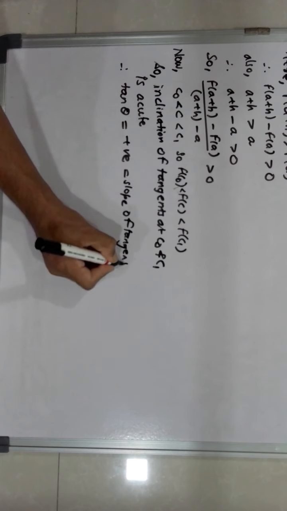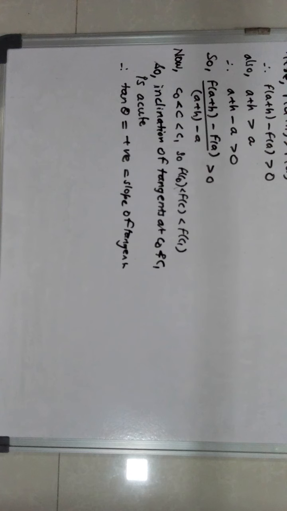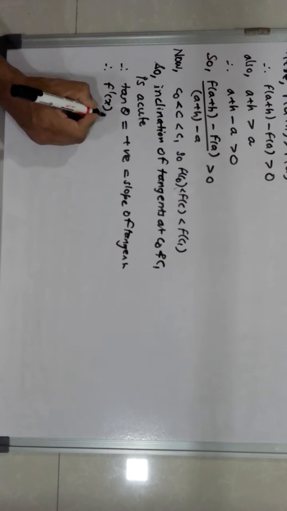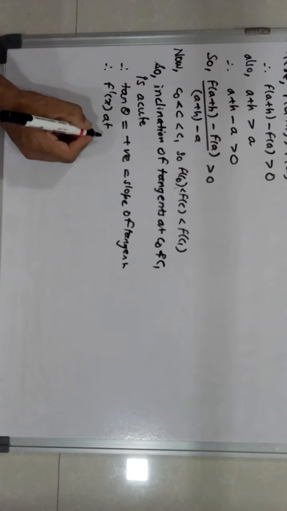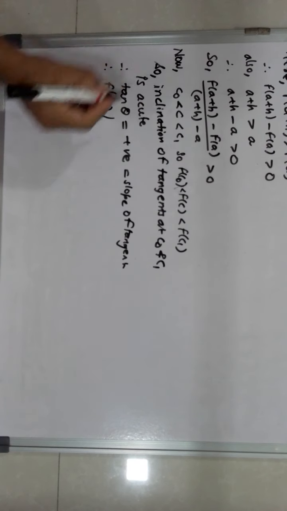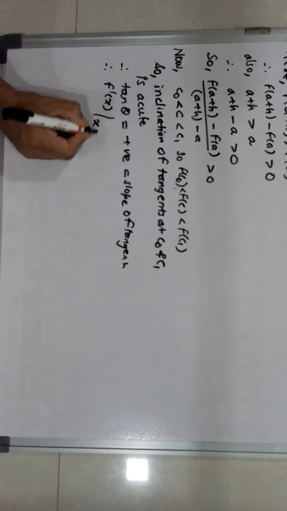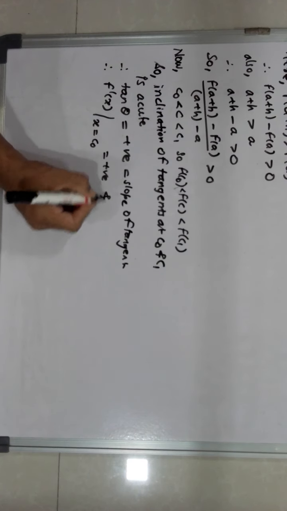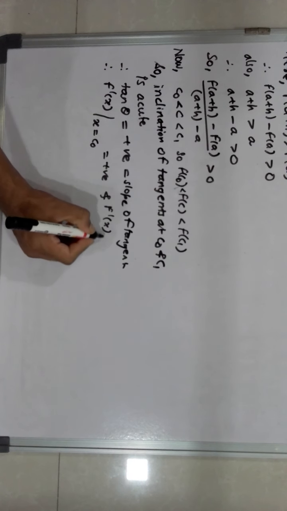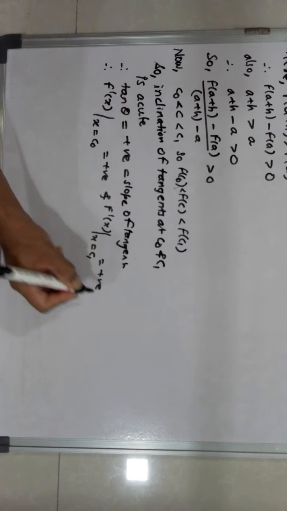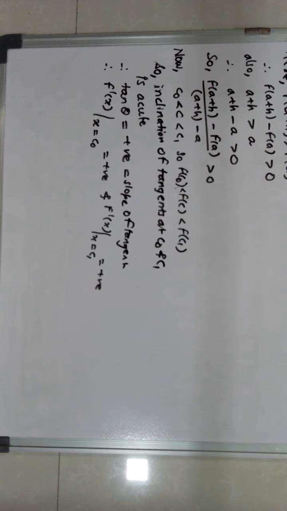So slope of tangent is nothing but derivative of a function, that is f dash x, at, you can say here, at only one first point I am taking here, say at x is equal to C0 is positive, and also f dash x at x is equal to C1 is also positive, right?